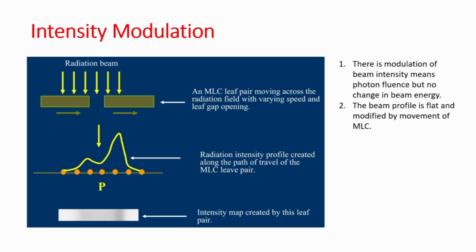The beam profile coming from a linear accelerator is a flat beam profile, and it is modified by the movement of the MLC. Now look at the figure. This is the MLC from bank A, bank B. Your radiation beam is nothing but your photon fluence.